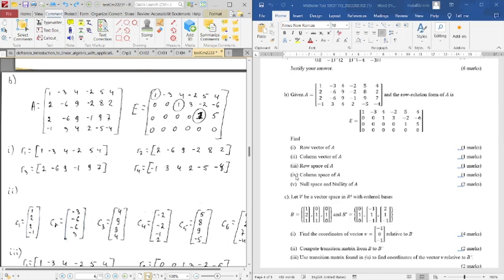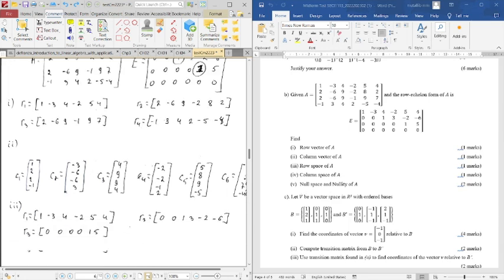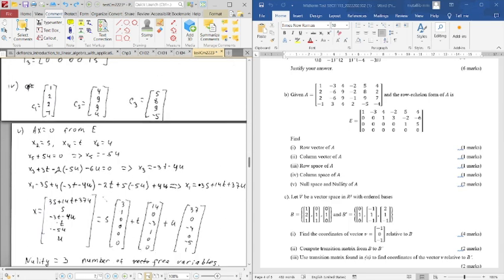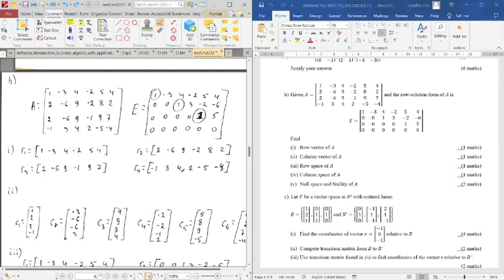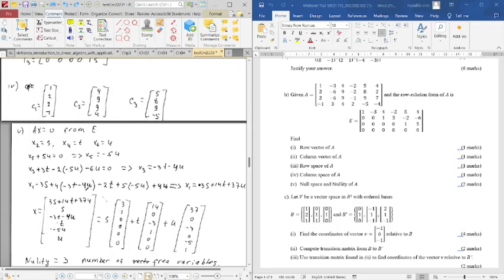And for the null space and nullity, so to find the null space, the matrix times x has to be equal to 0, from our row echelon form of the matrix. So as you can see here, to calculate this, I put x2, x4, and x6 equal to s, t, and u. Why did I put these variables but not x1, x3, or x5?